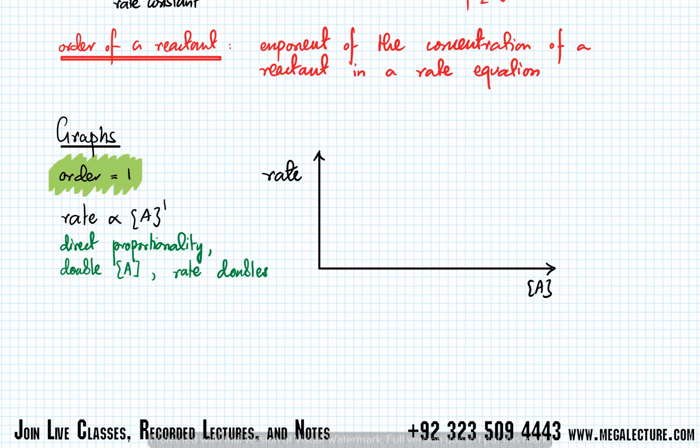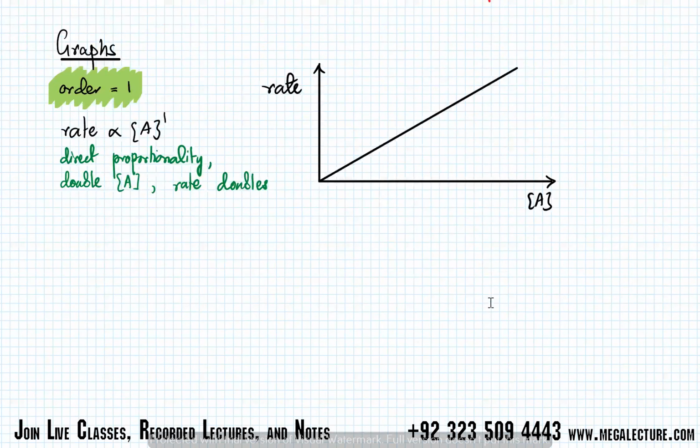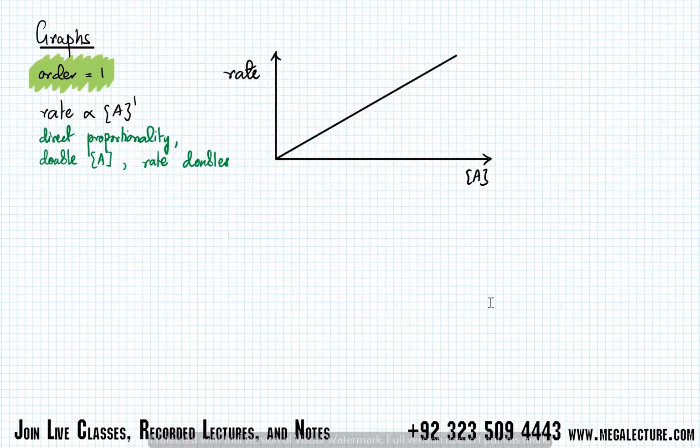So it's going to be a linear graph. It's going to be a straight line, starting from the origin, that's it. Okay, so that's what order one relationship looks like. And normally it is order one. Okay, if you increase the concentration of something, the rate should increase, right?